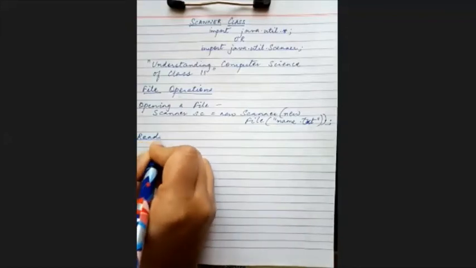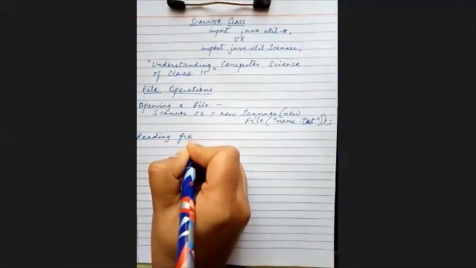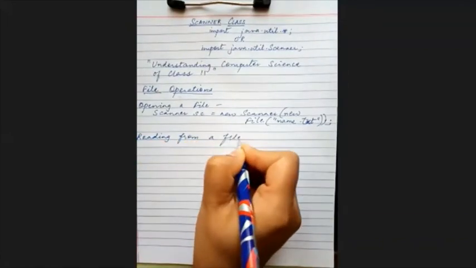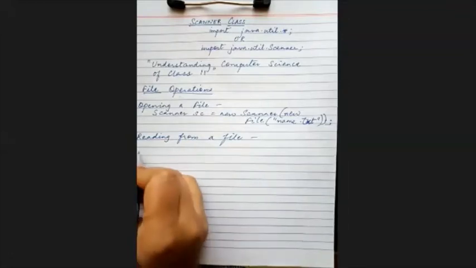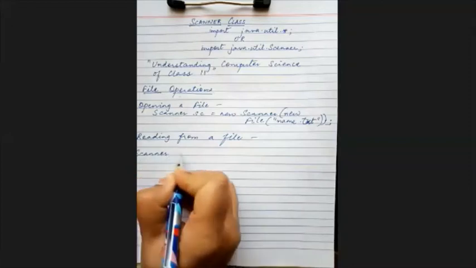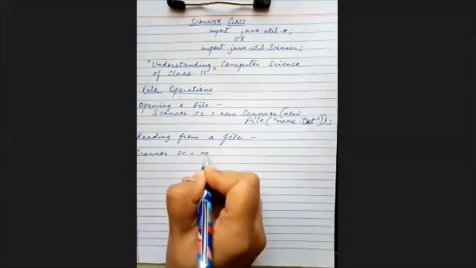Reading from a file. If I have to read from a file using the scanner class object, I will be detecting the end of the file first. सो सबसे पहले क्या करेंगे, एक फाइल को अटैच करेंगे स्कैनर क्लास ऑब्जेक्ट के साथ, लाइक दिस.